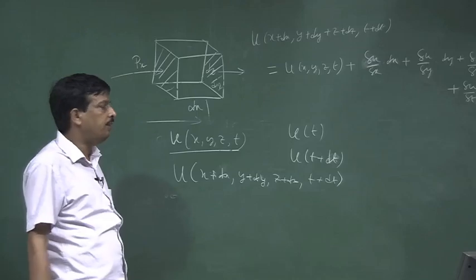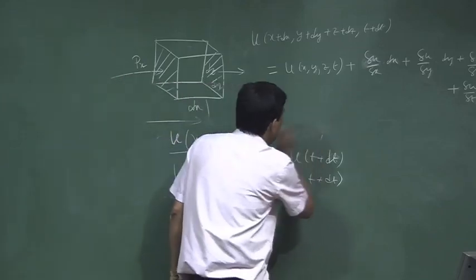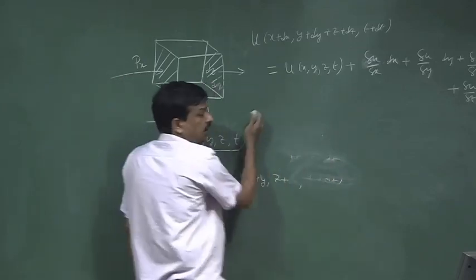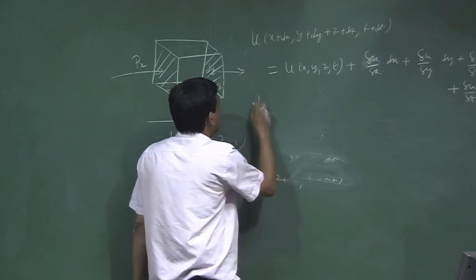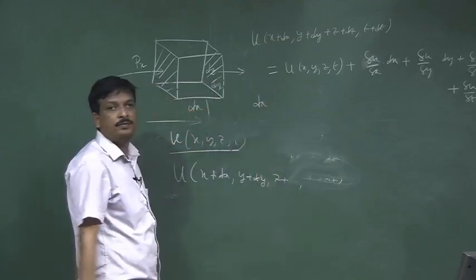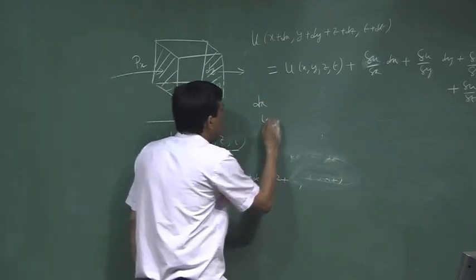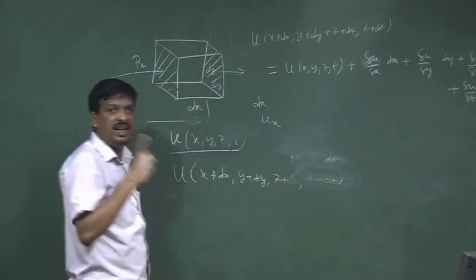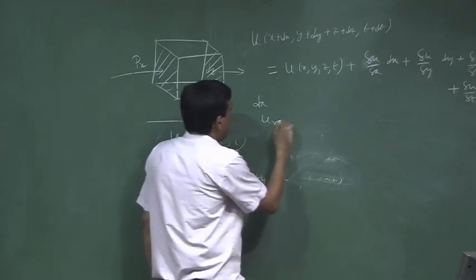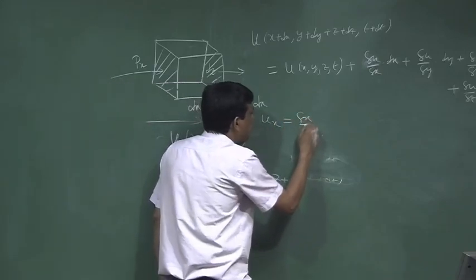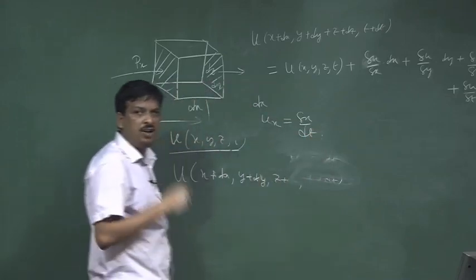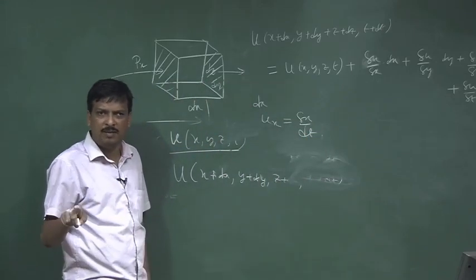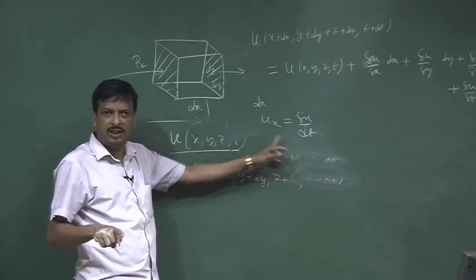Now if you see in this equation, what is dx? ux is the velocity in the x direction. So ux is nothing but dx by dt, the change of displacement per time; the rate of change of displacement is equal to the velocity.